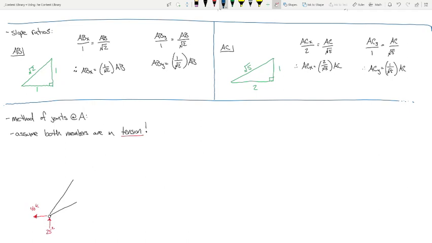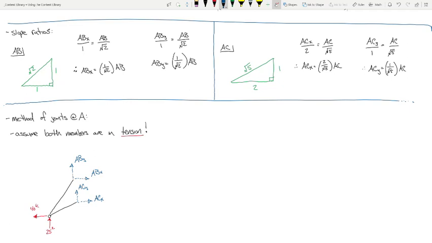And then I'm going to have this, and this, this, and this. Now again, we're assuming tension. So tension, tension, tension, tension, pulling away from the joint. Let's name these. Let's call this ABY, ABX, ACY, ACX. Okay, so far so good?